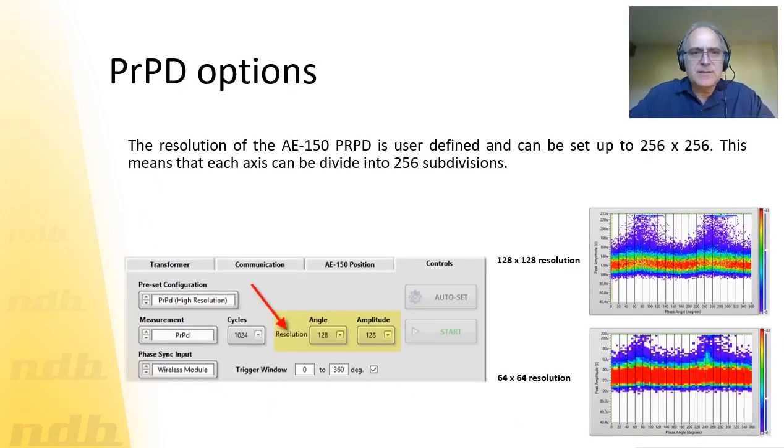This is the option of the PRPD. We can set the resolution, but this is not something that I do recommend. PRPD can be set all the way from 256 by 256, so it means the granularity, the definition of the PRPD can be changed. 128 by 128 is a good trade-off, because 64 by 64 is good, but it doesn't take that much longer to transfer the data.